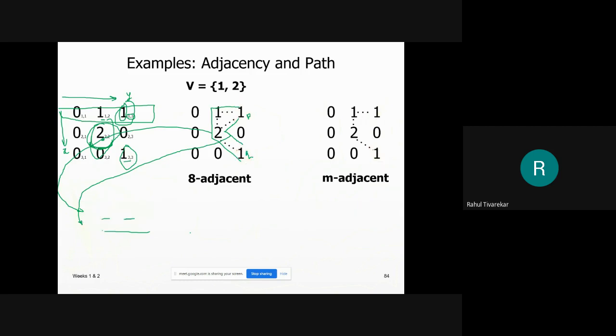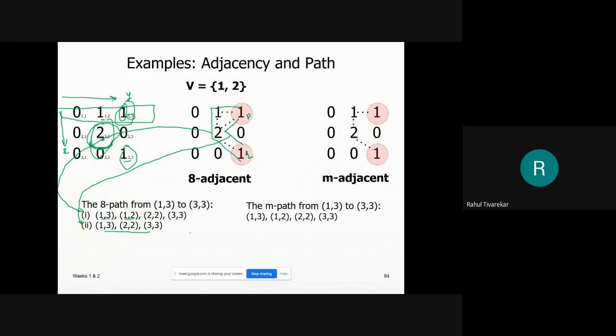So now we have already discussed about M adjacency. In M adjacency, what I said, you take either horizontal or vertical path. If horizontal or vertical path is not available, then you take the diagonal path. So that's why this is the diagonal adjacency, that is M adjacency between lower 2 pixels.